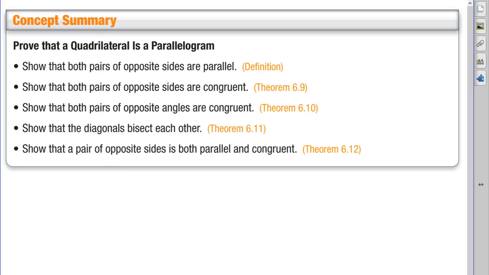One is by using the definition. So by definition, if you can show that both pairs of opposite sides are parallel, you have a parallelogram. Now, we can actually do that with coordinate planes as well. We can do that if we use the slope formula.